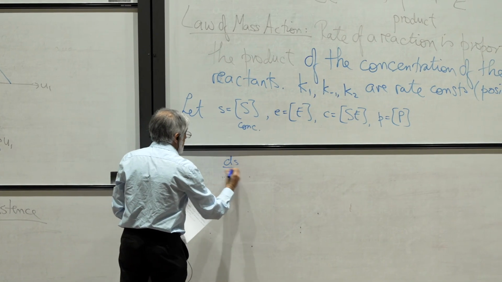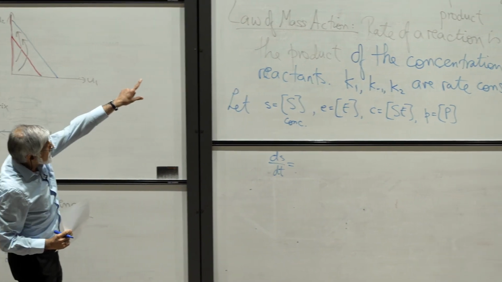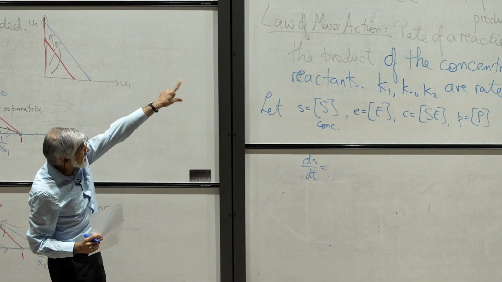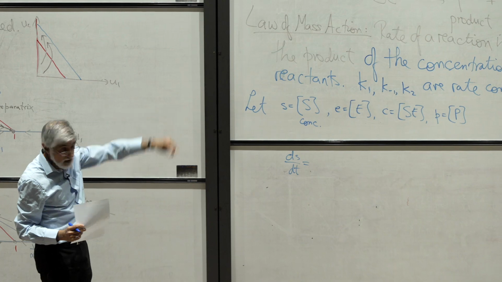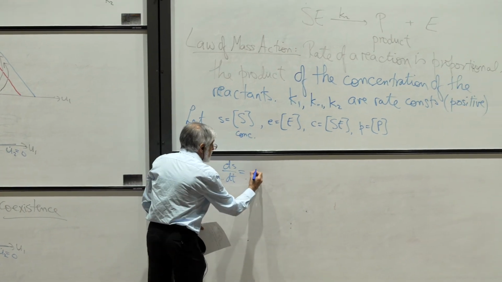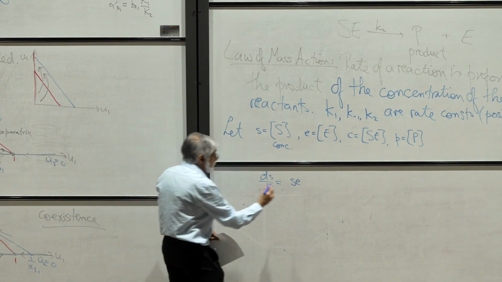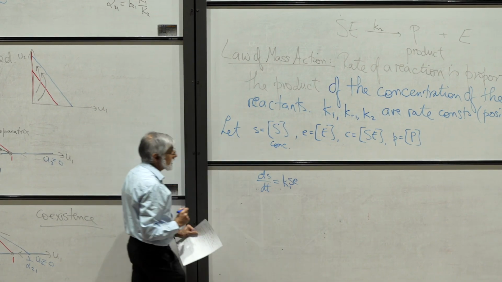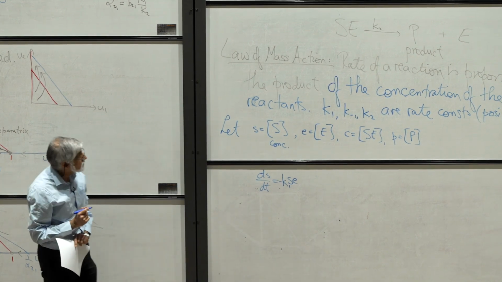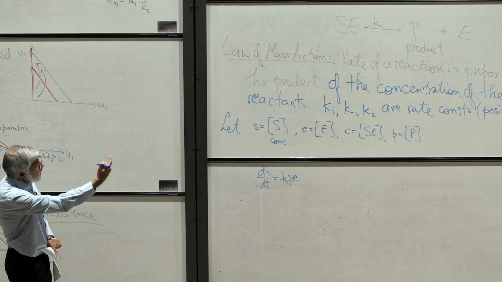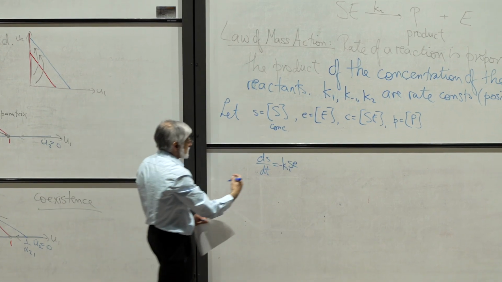So now ds by dt. Well, S is lost by S plus E giving you SE. The rate of that reaction is proportional to the products of the reactants. The constant of proportionality is K1, and it's a loss, so it's a minus. S can be formed by C going in the opposite direction.